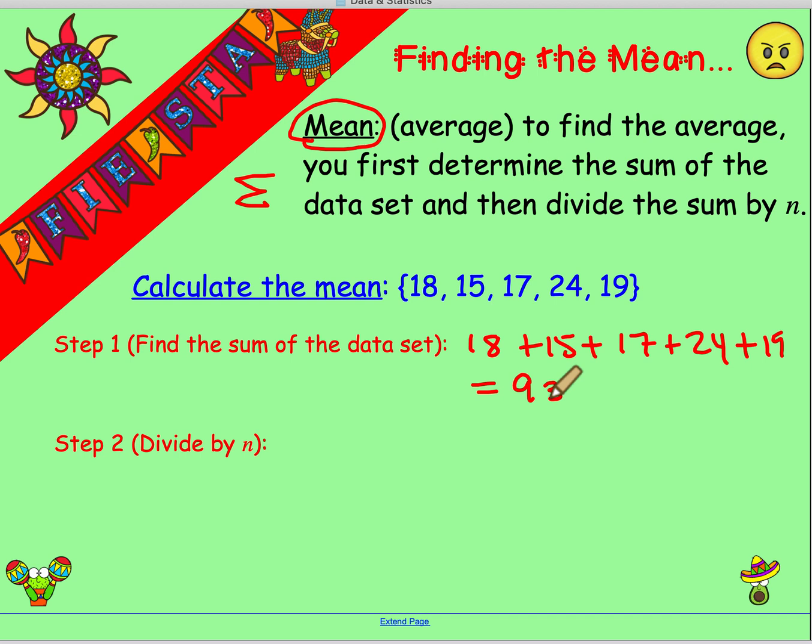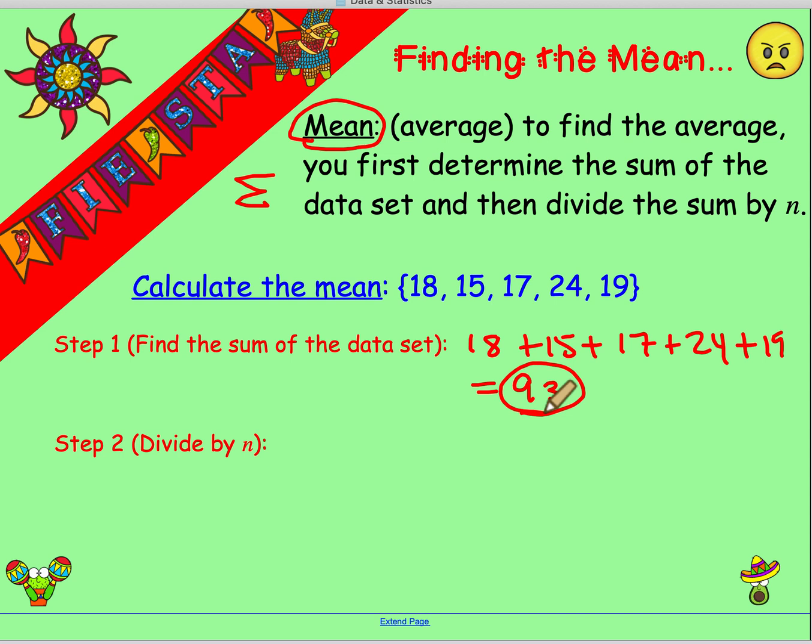Because you have a calculator, it's never a bad idea to do it twice. The most often mistaken thing is people put their numbers in their calculator wrong. So do it twice, make sure you get the same thing both times, and double check to make sure you got 93 with me.